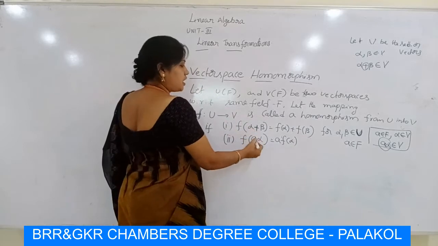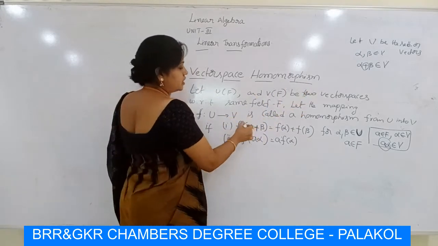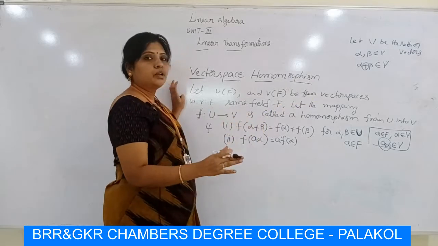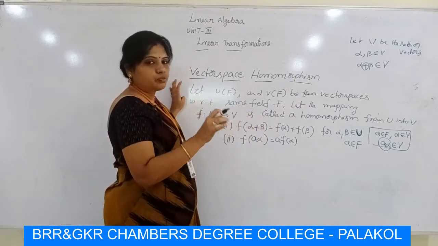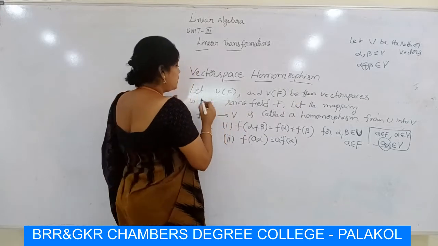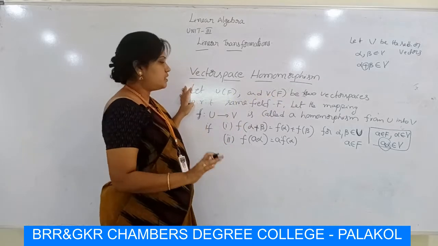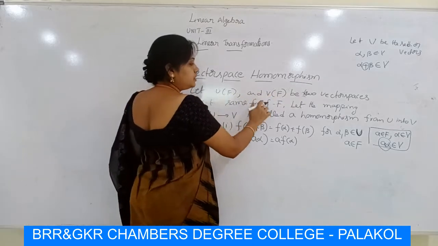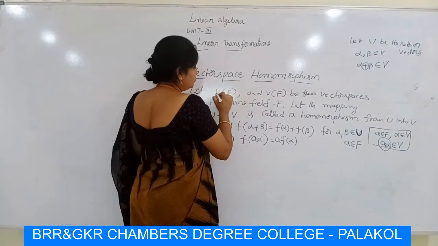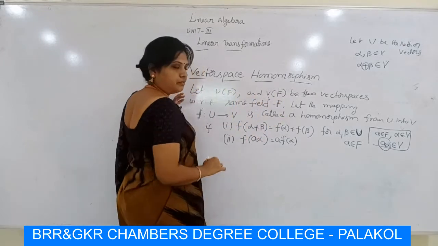Here a is a scalar, which always belongs to the field F. Vectors alpha, beta always belong to the vector spaces, here U and V. So U of F and V of F are two vector spaces over the same field F.